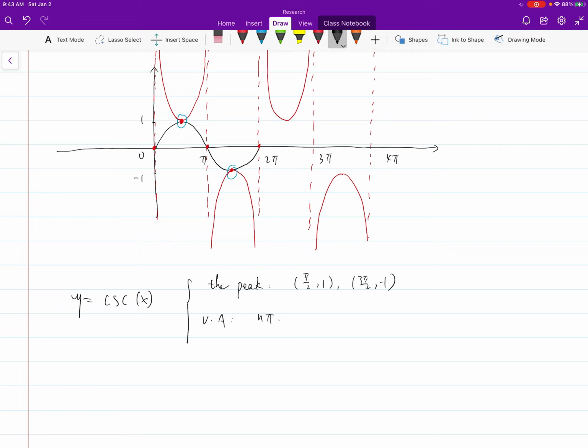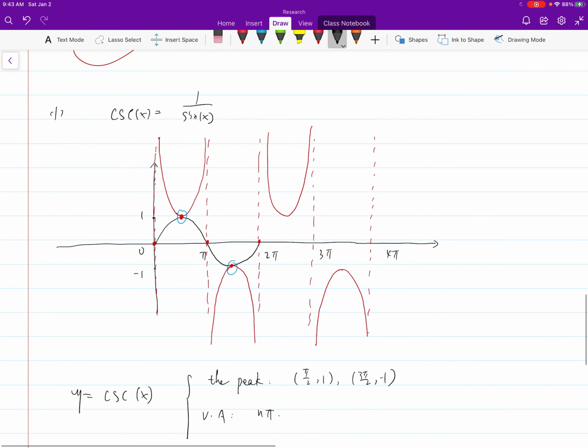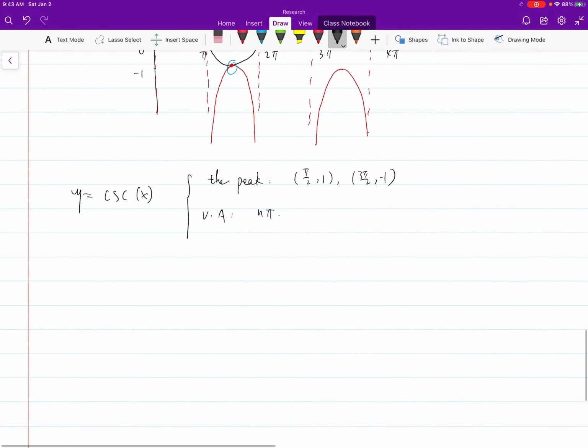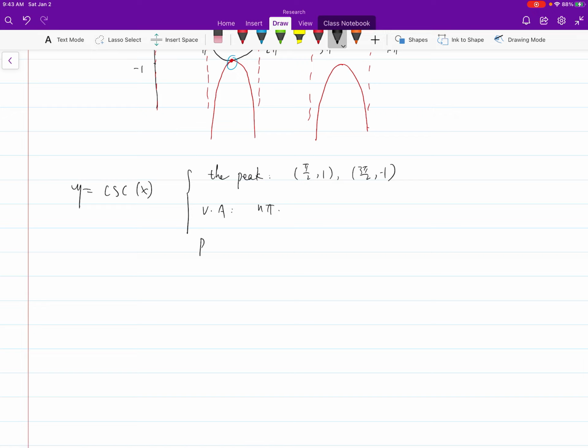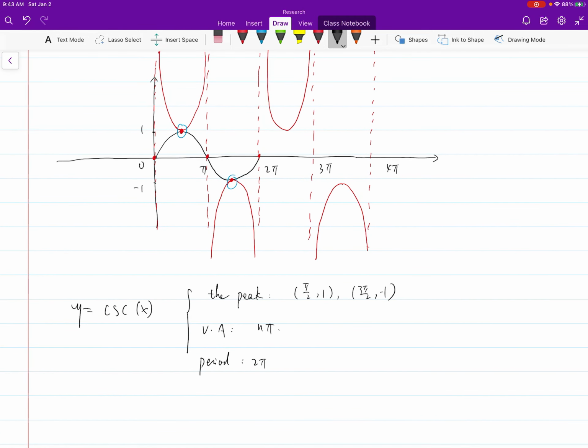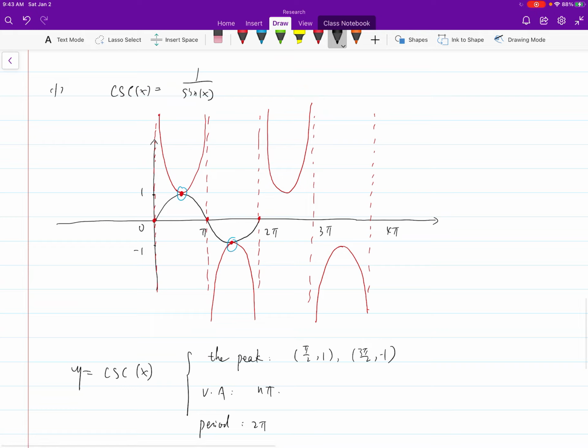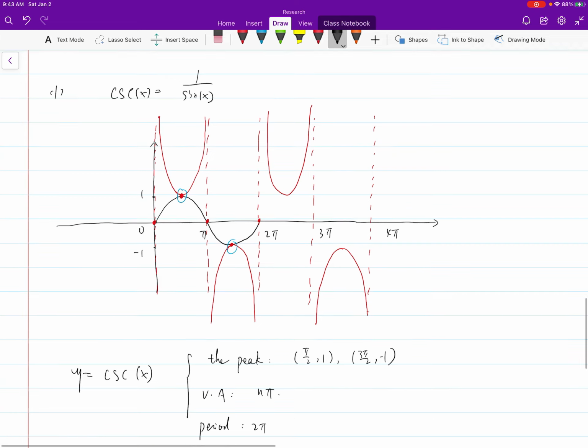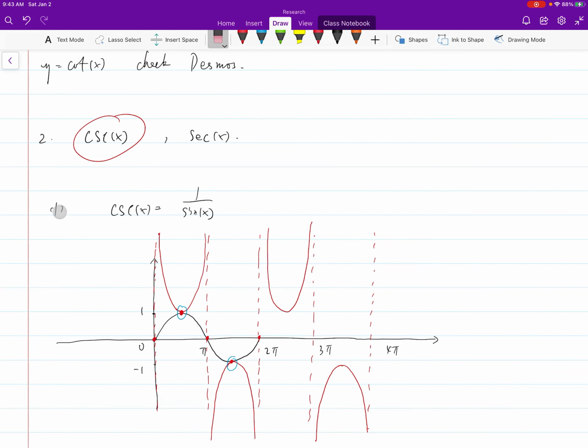From here you can see it happens where sine equals 0. So that is going to be n pi. I would say the third one is to try to show the period is 2 pi, because sine repeats itself after every single 2 pi. Cosecant, which is 1 over sine, also repeats itself after every single 2 pi. That's it. That's the graph of cosecant.